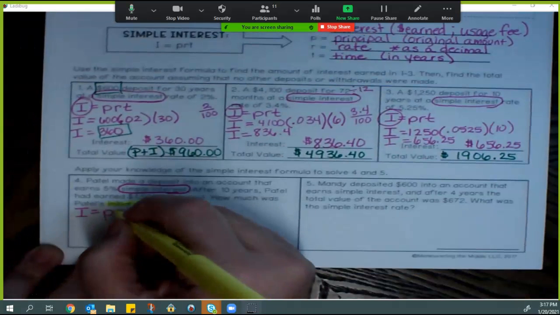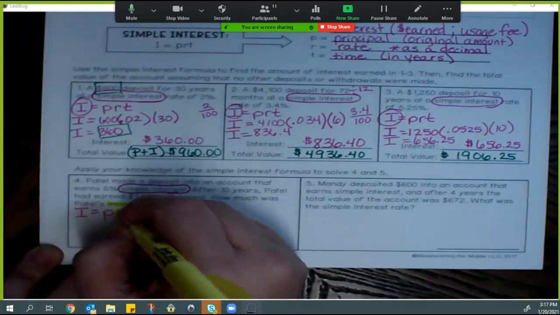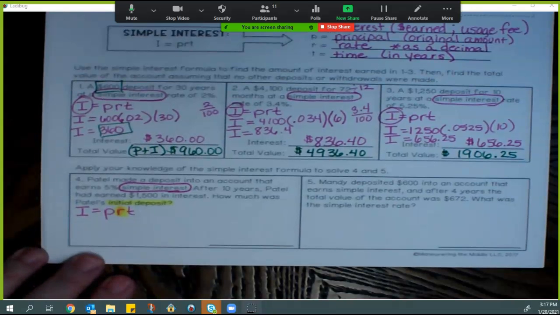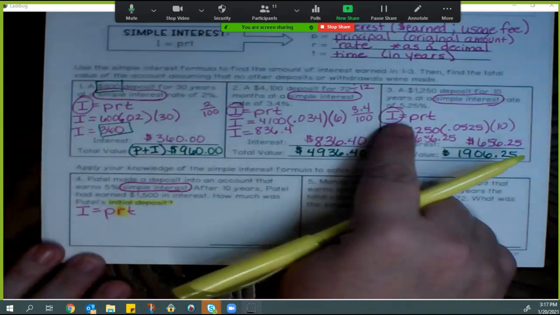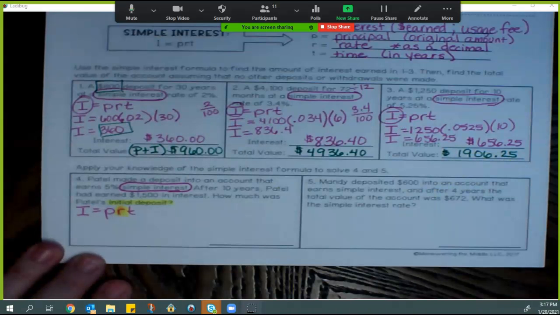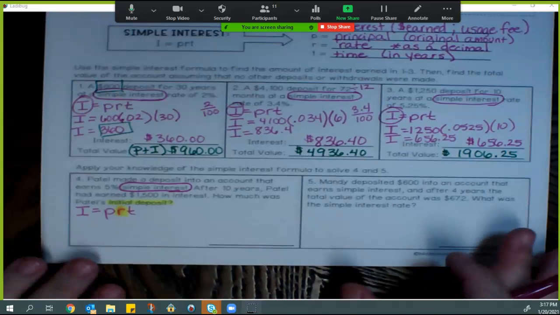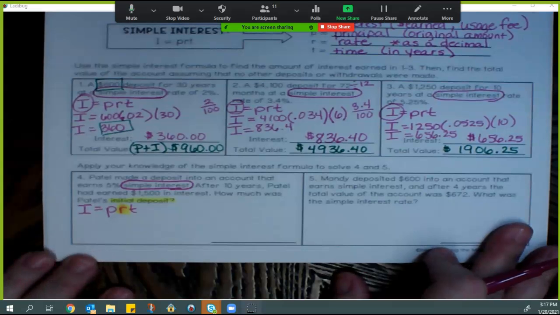So in this problem, we're solving for R instead of I. Up here, we were solving for I. Now we're solving for R. Is it kind of like when we did the triangles and you were solving for something different? You're kind of right. This is going to be turned into a solving equations problem.